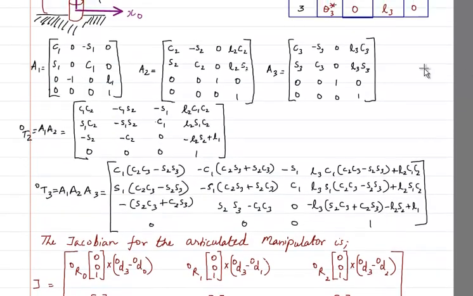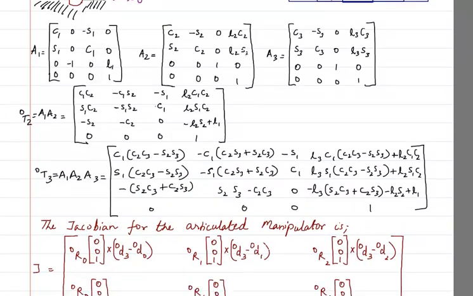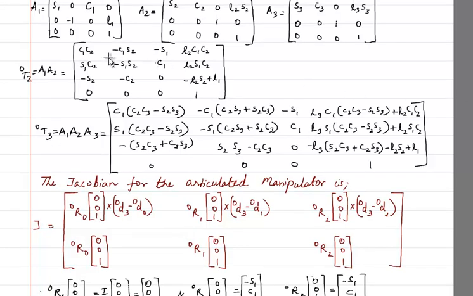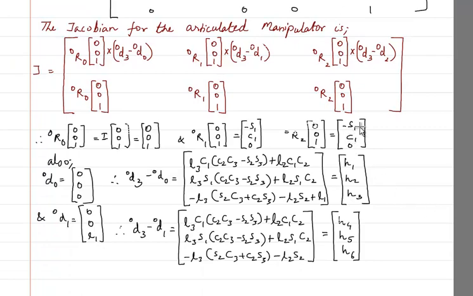So of this matrix I am just going to take the third column. If I take this third column and write it, this is the answer of 0R1 into 001. Similarly for 0R2, we will get it from 0T2. This is the 3 by 3 matrix from which we will take the third column, which again comes out to be minus S1 C1 0, which I have written straight away here.